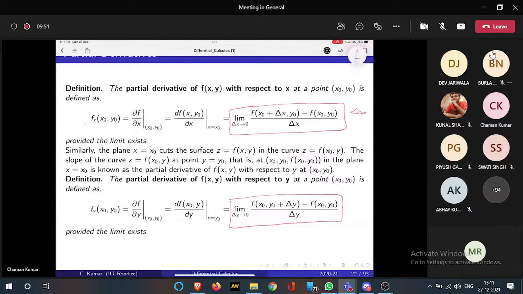So to approach x naught, I have only two directions, left-hand side and right-hand side, right? So basically we are saying that the left-hand derivative and the right-hand derivative are equal and finite. Yes, sir. Okay.